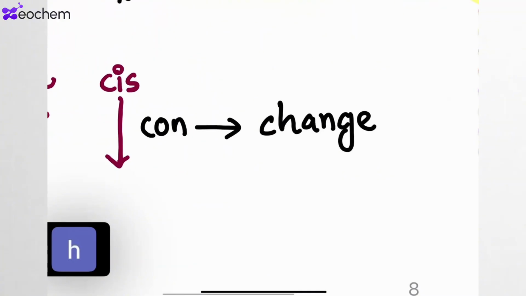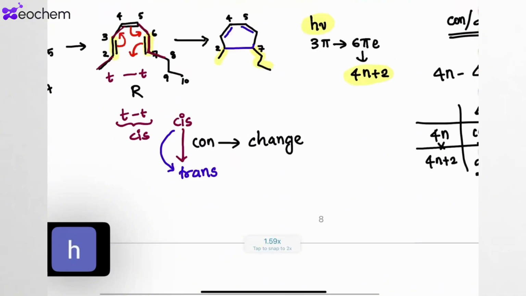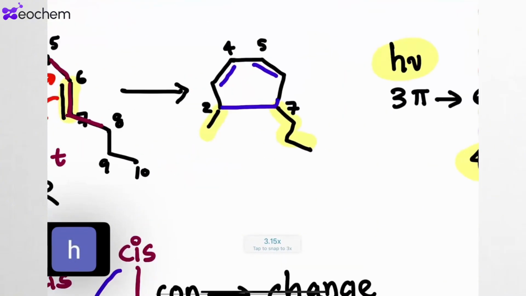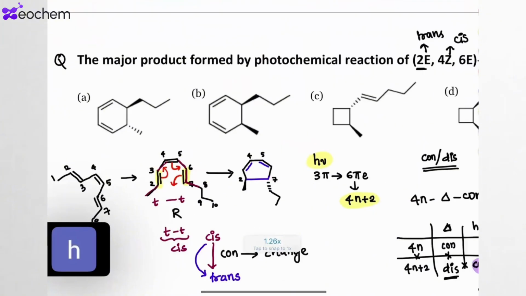That means in the product, cis will change to trans. Now, the only remaining job is drawing the trans product here. How will we draw? One bond will be towards us, the other bond will be opposite to us. So this will be the answer.